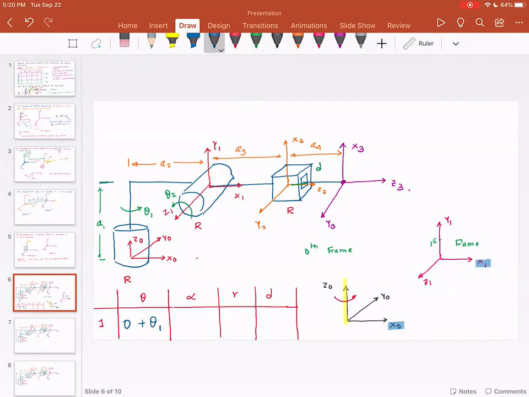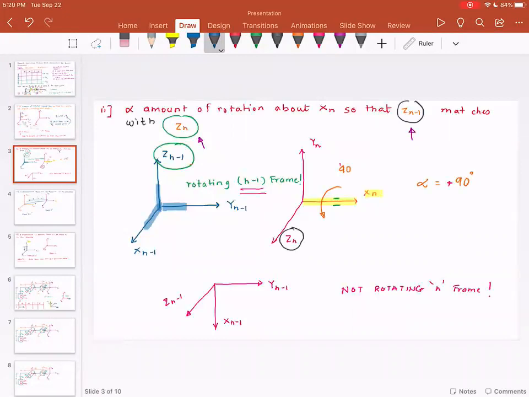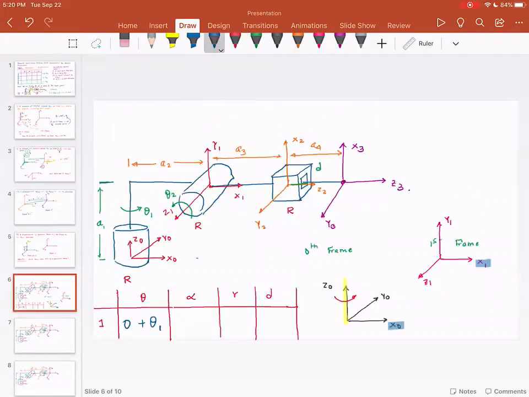Now let's apply the second rule. The second rule is the rotation about xn, but the frame that we are going to rotate is Zn minus 1 so that it gets aligned with Zn. So check this out. For the second rule, the rotation is about xn, but the frame that needs to be rotated, let me draw a different frame.